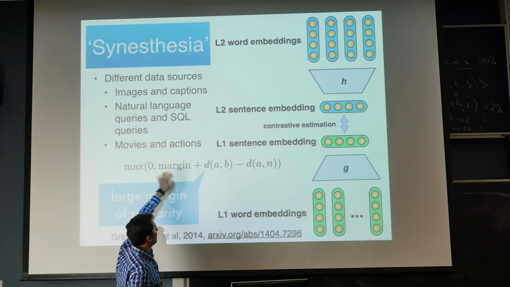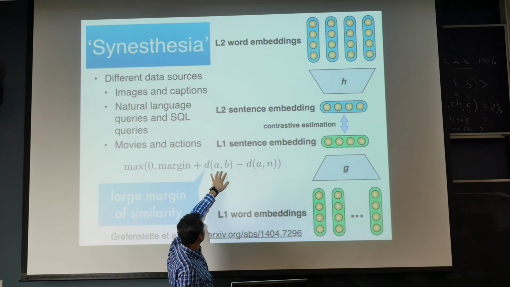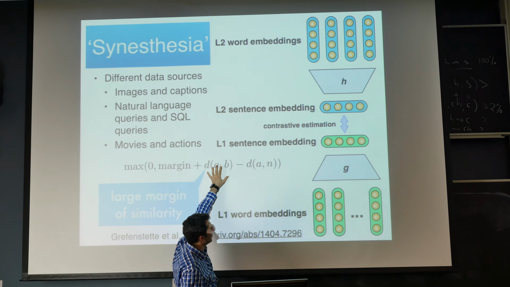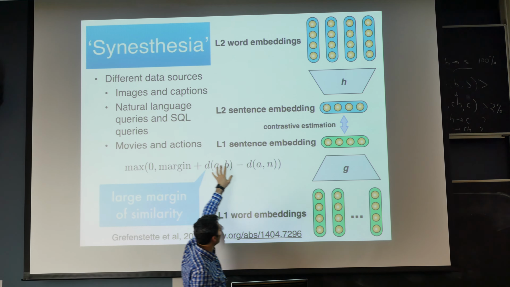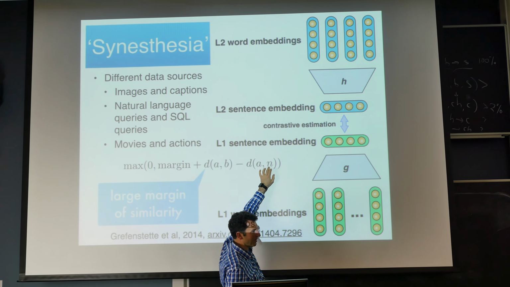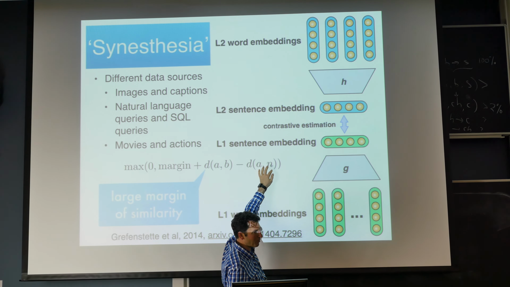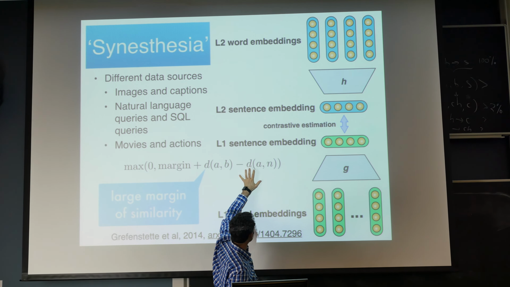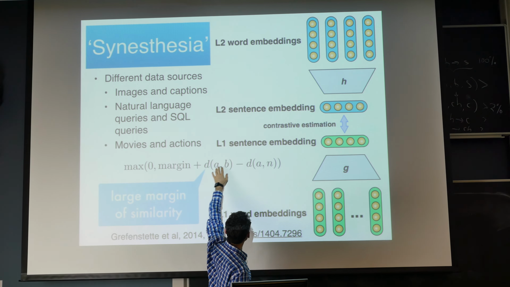So what we use as a penalty is, let's say I want to make sure that I match A and B really nicely. So I want this to be small. However, I want to make sure that for some imposter n, the distance between A and the imposter is large, right? So therefore, I want the negative distance to be large, so I want this to be small.